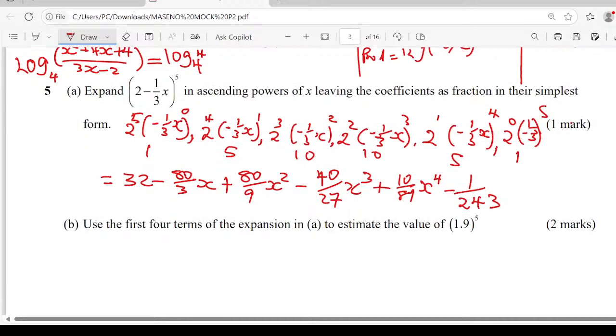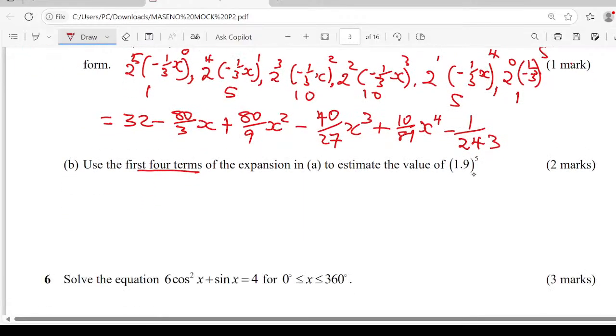Then part B says use the first 4 terms. Very important. Use the first 4 terms of the expansion in A above to estimate the value of 1.95, and the max allocation here is 2.